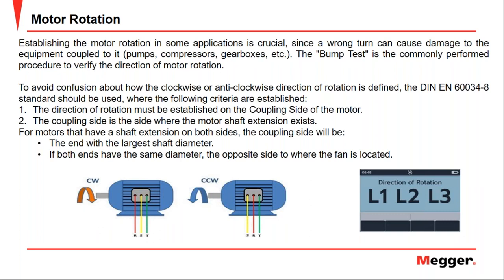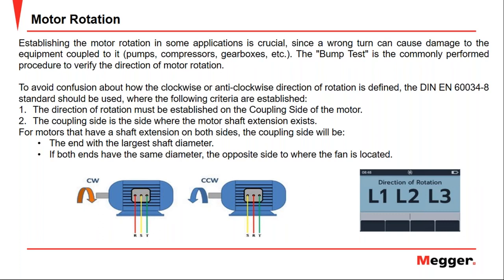For motors that have shaft extension on both sides, the coupling side will be the end with the largest shaft diameter, or, if the ends have the same diameter, the side opposite to where the fan is located. So we have to follow this instruction to know where the coupled side is.